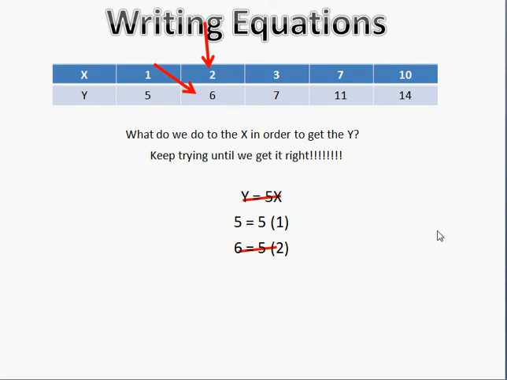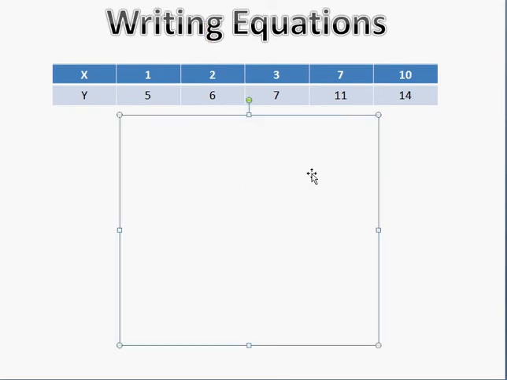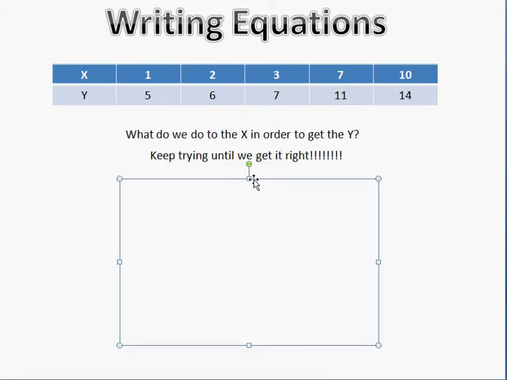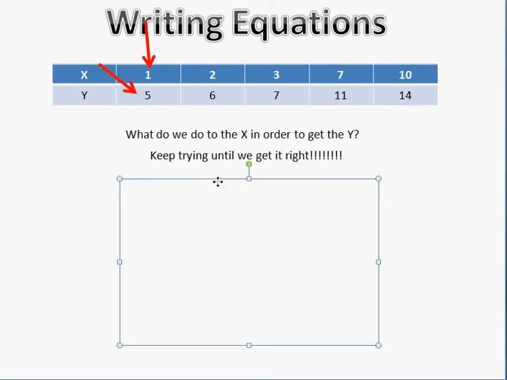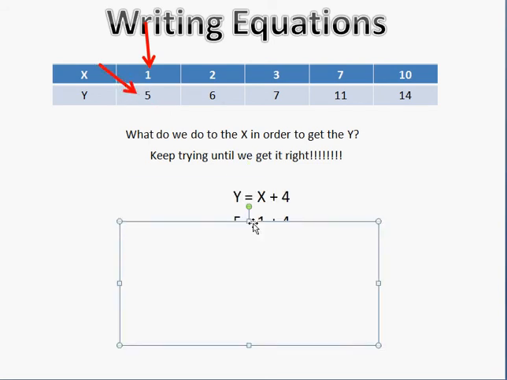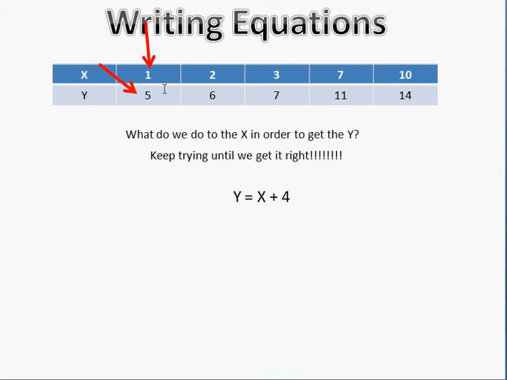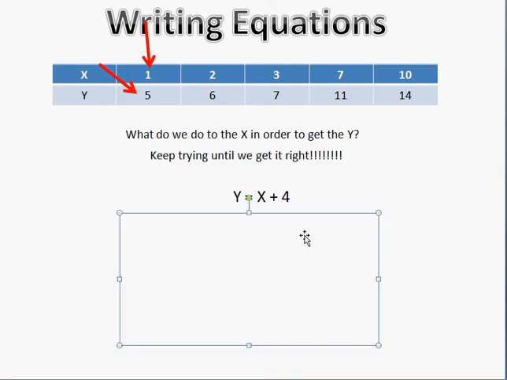So now I'm going to try my next one. Just like before, what do we do to the x in order to get the y? And keep trying until we get it right. So 1 and 5. I'm going to try x plus 4, because 1 plus 4, I think, is going to equal 5.